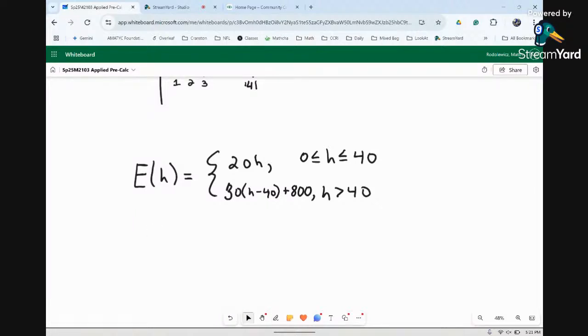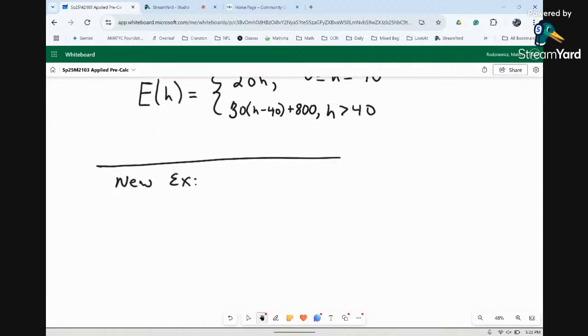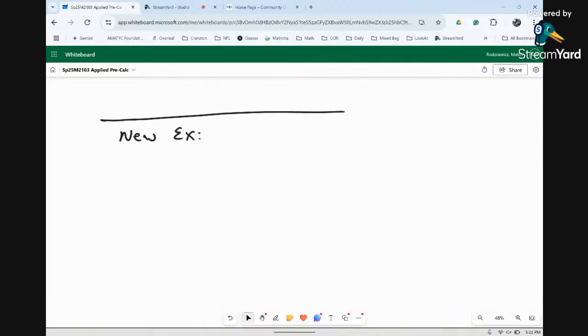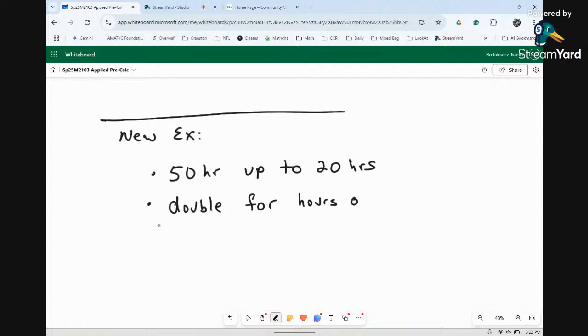New example. You sign a contract. Watch how fast they do this now. I think, let's see if you got it. You sign a new contract that says you make $50 an hour up to 20 hours. You will get double time for hours over 20.